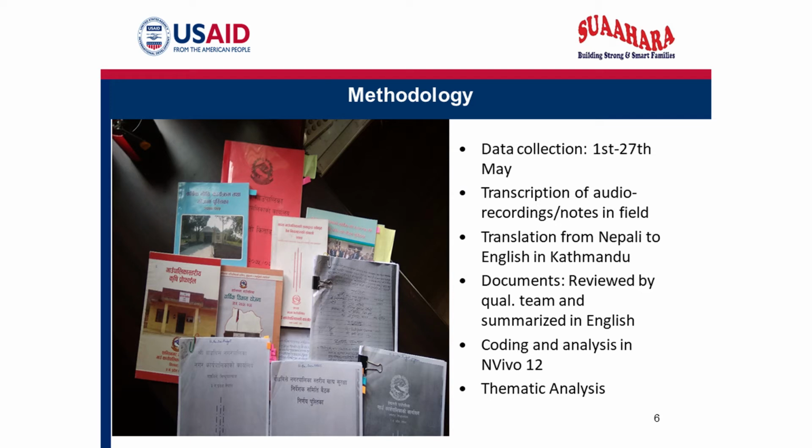At the community level, we conducted focus group discussions with people such as school principals, health workers, FCHVs, those who would likely be engaged in the budget allocation and utilization process. Next, we observed any kind of budget allocation or utilization activities that happened during the data collection period. And we also reviewed documents related to budget allocation and utilization. That's just a picture of the documents that we reviewed from one district.